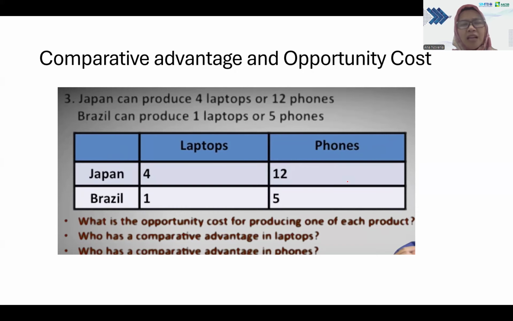Japan has absolute advantage in producing both, because it can produce more: 4 laptops compared to 1, and 12 compared to 5. Now, in terms of comparative advantage, which country has comparative advantage in producing laptops, and which country has comparative advantage in producing phones? Calculate the opportunity cost and then answer the question.